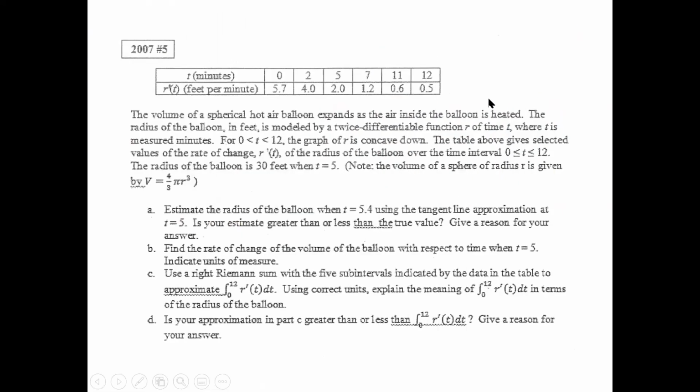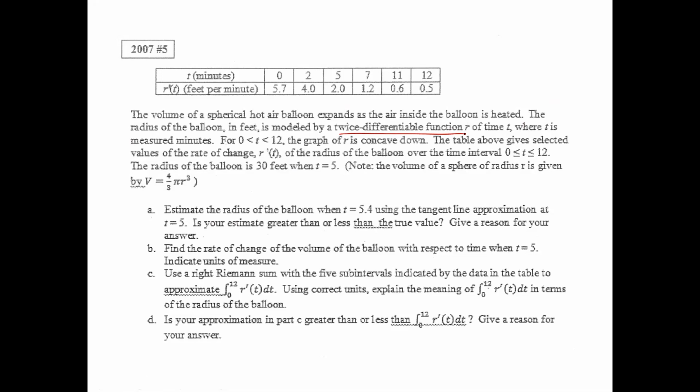All right, so let's go ahead and read this. The volume of a spherical hot air balloon is expanding as it's heated. The radius of the balloon in feet is modeled by the twice differentiable function r of t, where t is measured in minutes between 0 and 12. The graph of r is concave down. The table above gives selected values of the rate r prime of t for the radius of the balloon over the time interval 0 to 12.